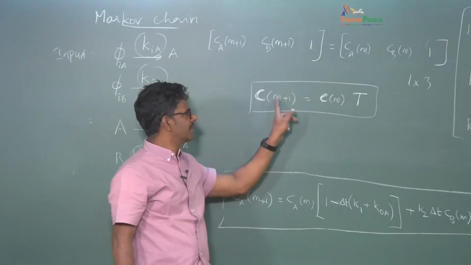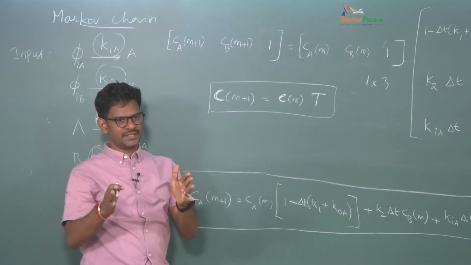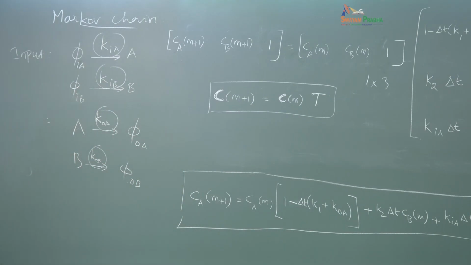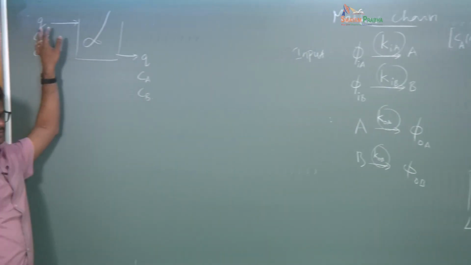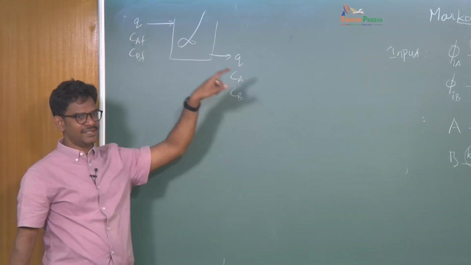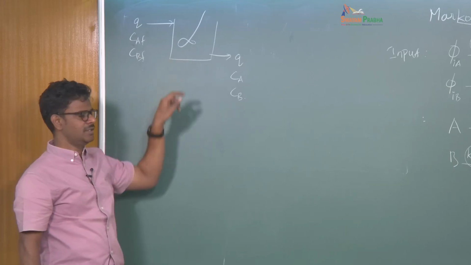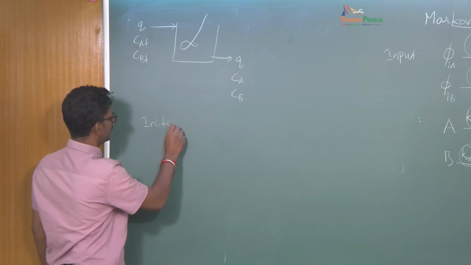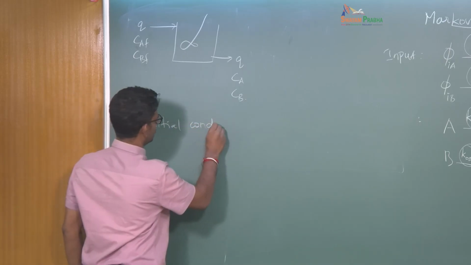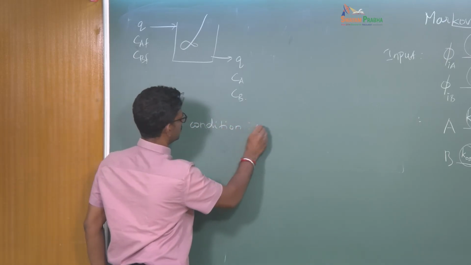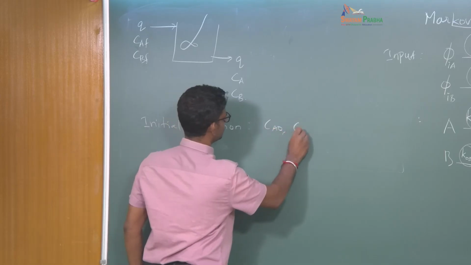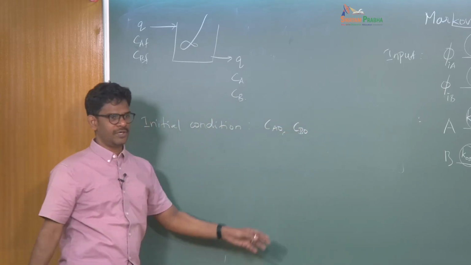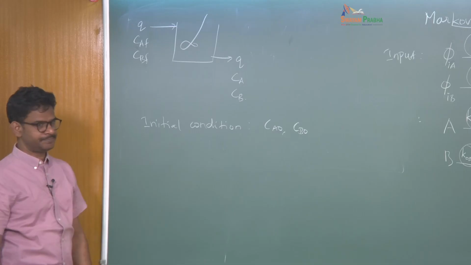Remember, this corresponds to the concentration inside the reactor, whereas here I am talking about the concentration in the feed stream. This can be different from the initial condition present in the reactor. The initial condition we will define as CA0 and CB0, or if you want to work with the number of molecules, NA0, NB0.